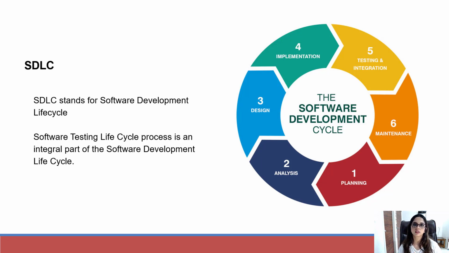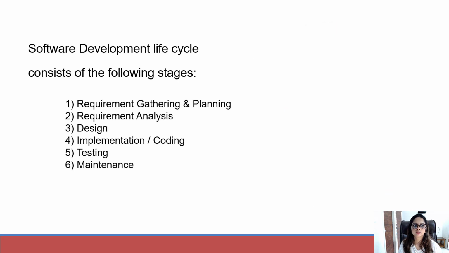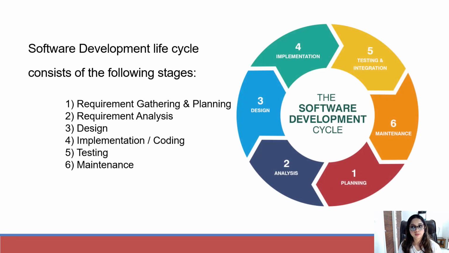Then there is coding or implementation, and then there is testing. Testing is where we lie, the QA team, and finally there is maintenance. So we'll understand each phase properly in this class, starting from requirement gathering and planning.